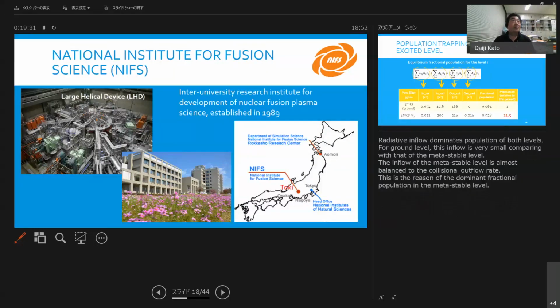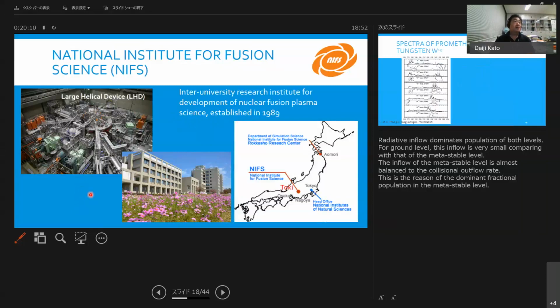And we look into detail at what is happening. So this is the expression for the equilibrium fractional population for level i, which consists of 4 components: collisional inflow of the population, radiative inflow of the population, collisional outflow, and radiative outflow from level i. And these are the calculated results for the ground level and the metastable level.